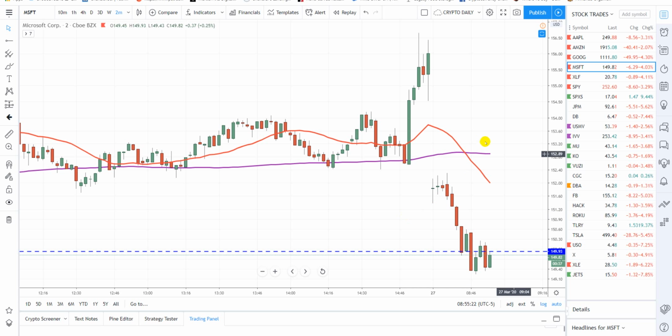So if we keep trading in this inside bar, if we close over there, we might be in for a near-term reversal since we're extended so far below the 20, if that makes sense.